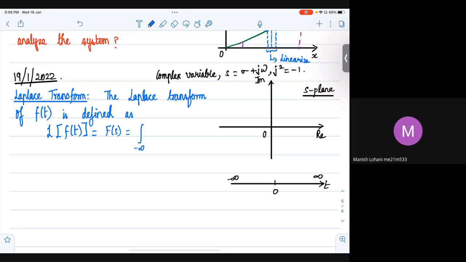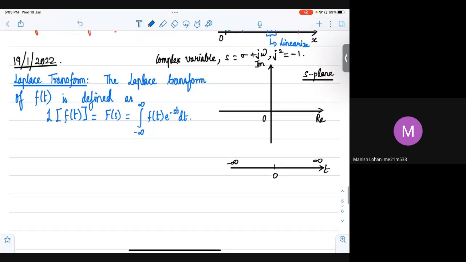This can be written as the integral from minus infinity to plus infinity of f of t e to the power minus st dt. This is the definition of the Laplace transform. This is what is called the bilateral Laplace transform. The reason it's called the bilateral Laplace transform is that you can see the limits of integration go from minus infinity to plus infinity.